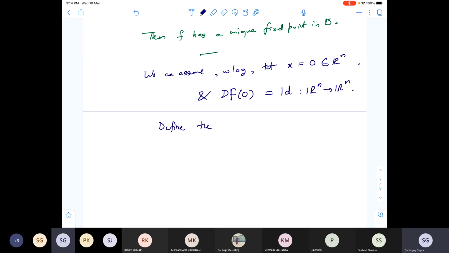You define the function g of x equals x minus f of x.